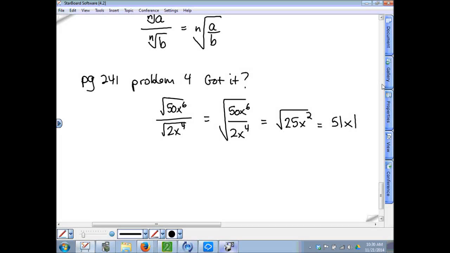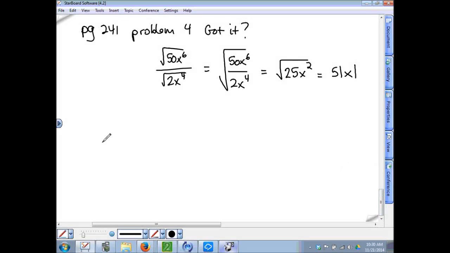On the middle of page 241 where it says practice, let's take a look at problem number 7. Well, now wait a minute. No, this will work.